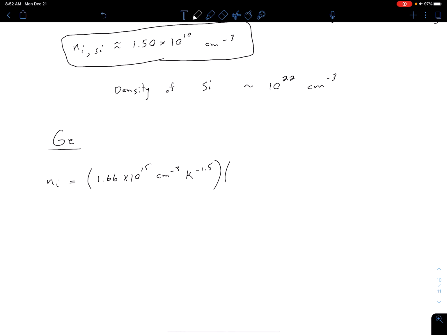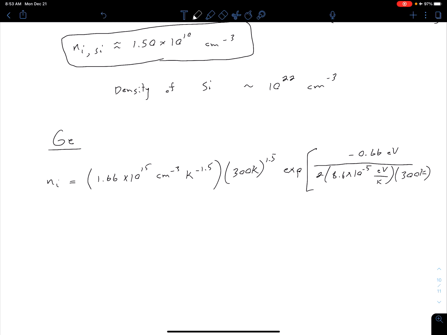And again, we have our temperature, which is 300 Kelvin, raised to the 1.5, times the exponential, and in the argument of our exponential, we have the negative of our band gap, 0.66 eV, in the numerator, over 2 times our Boltzmann constant, 8.6 times 10 to the minus 5 eV per Kelvin, times our temperature, which is 300 Kelvin.